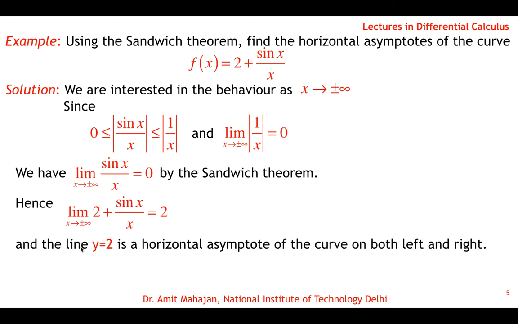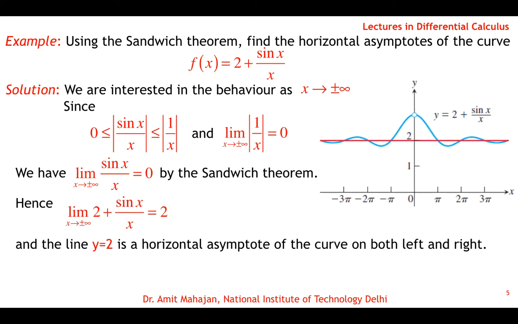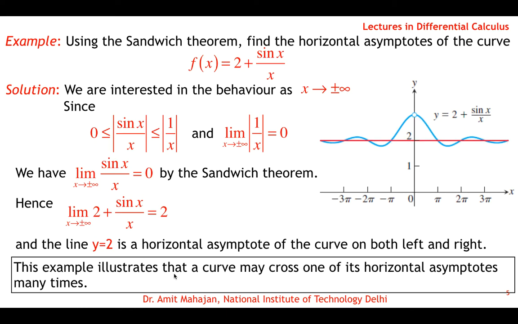If we plot this, then this y is equal to 2, this red line, is a horizontal asymptote to the right and also to the left for this function f(x), which is 2 plus sin x by x. And one of the interesting facts here is that this function crosses the asymptote many times.